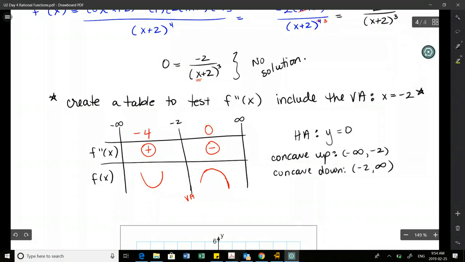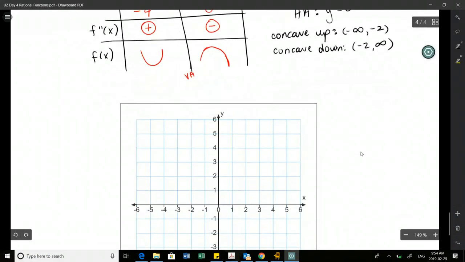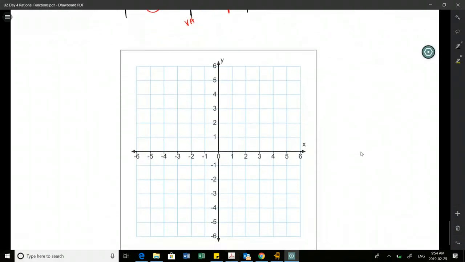Okay, so what does this tell us? Well, let's just sketch what we can to start, and then we'll make some decisions from there. So I've got this vertical asymptote. I've got the horizontal asymptote. Okay, I know that my graph is concave up from -infinity to -2.